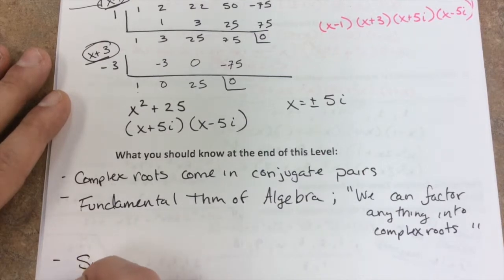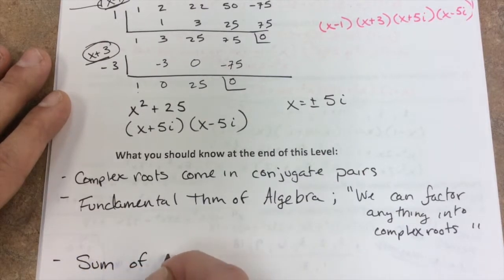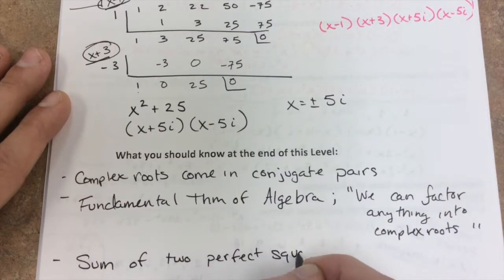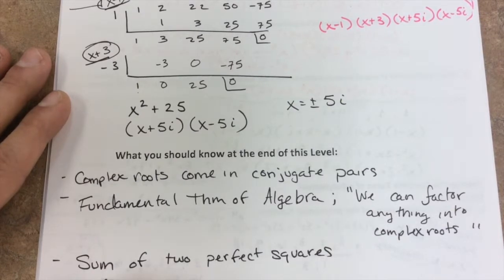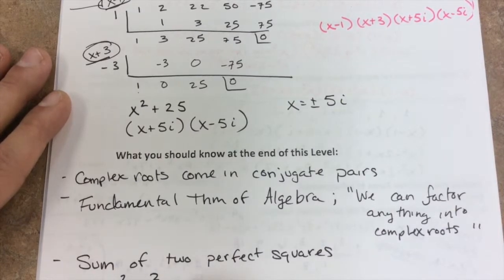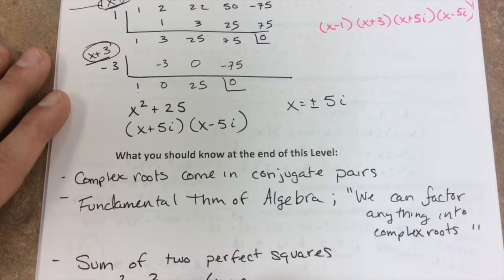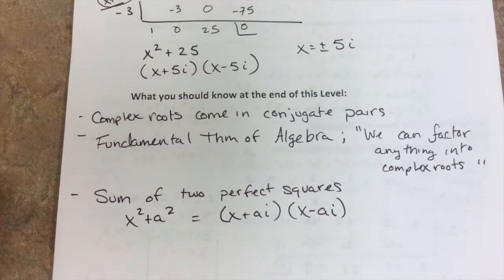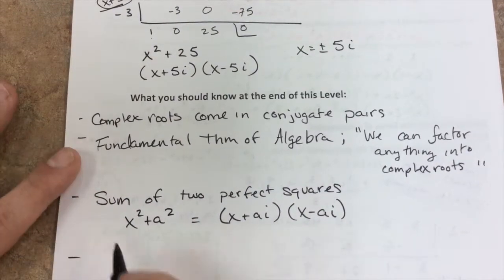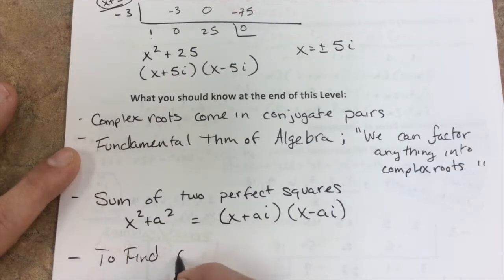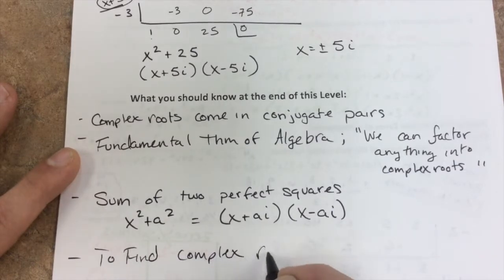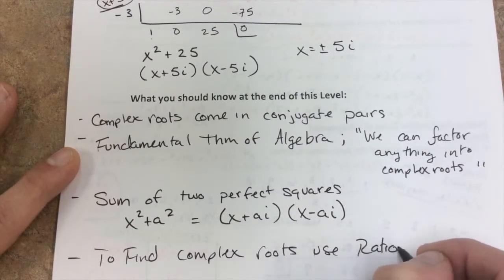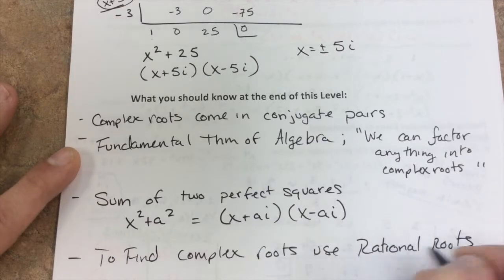We have now what I just showed you, the sum of 2 perfect squares, which would be, if it was x squared plus a squared, then that factors into x plus ai, x minus ai. And then to find complex roots, use the rational roots theorem.